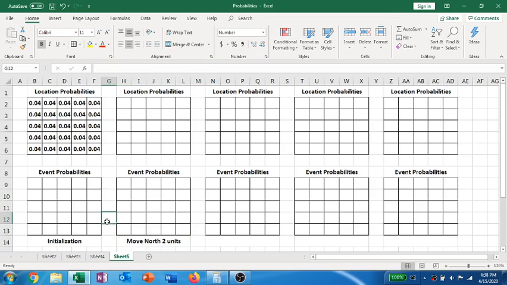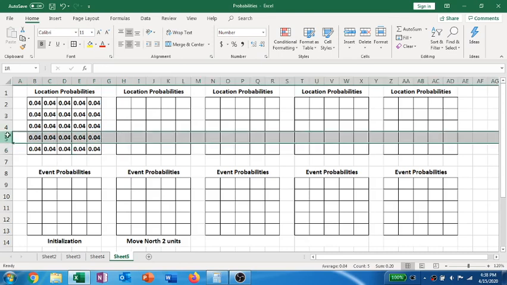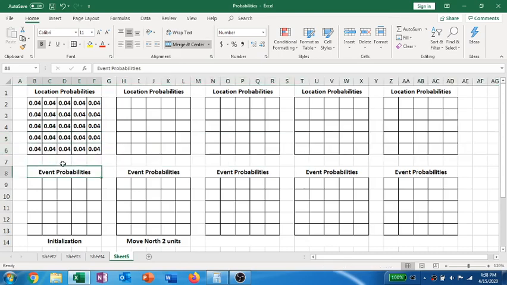Well, let's think of some extremes here. If we started out here, and we moved 2 units, that would put us here. If we move 2 units, it would be impossible to be at this row or this row, because you would have to have started outside of the room, which we know we did not do.